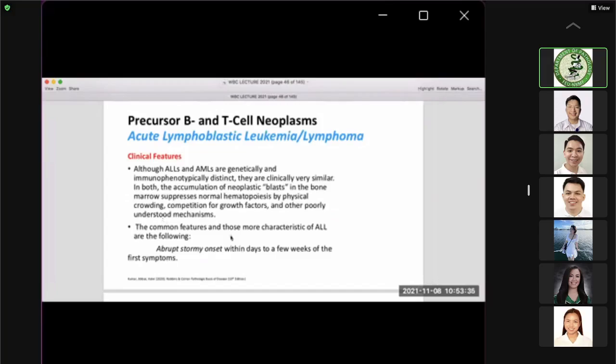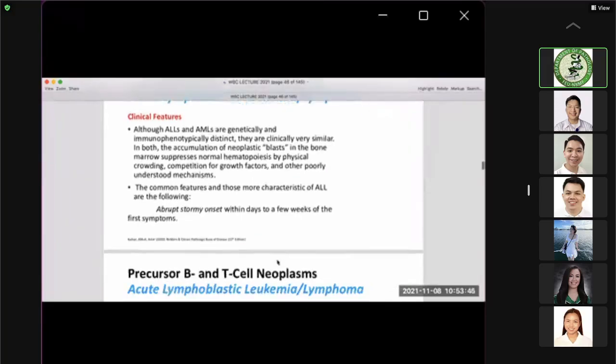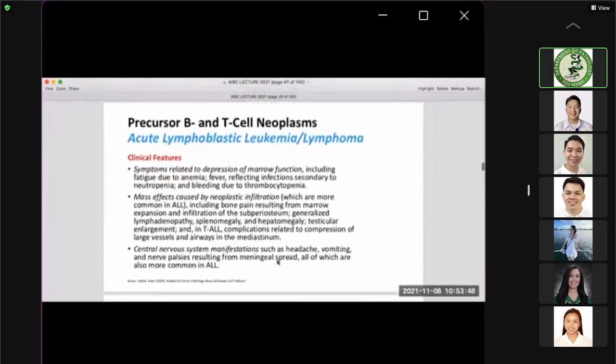So common features and those most characteristic of ALL are the following: abrupt, stormy onset within days to a few weeks of the first symptoms. So we have here other clinical features, symptoms related to depression of marrow function.